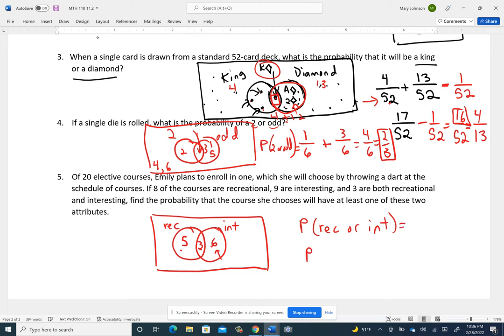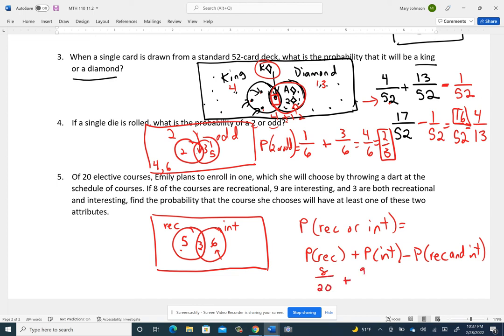Okay, so we would do the probability of it being recreational plus the probability of it being interesting. Okay, but do you see how we have the 3 that are in the intersection? We'd have to subtract the probability that it's recreational and interesting. Okay, so the probability of it being recreational would be 8 out of the 20.